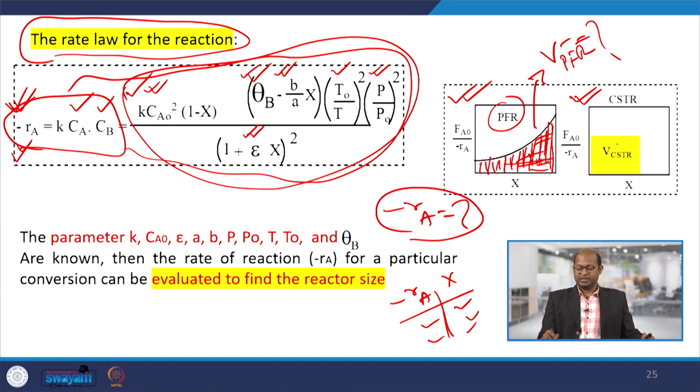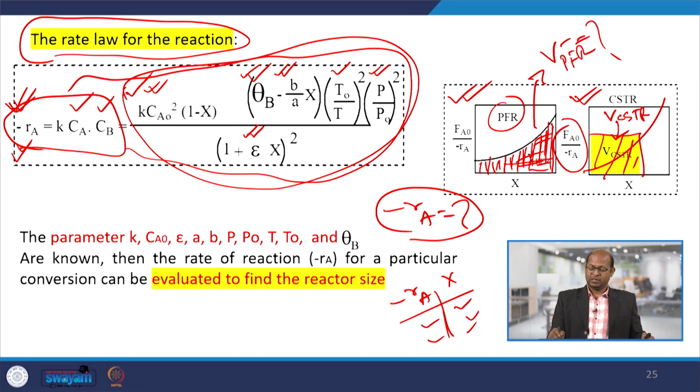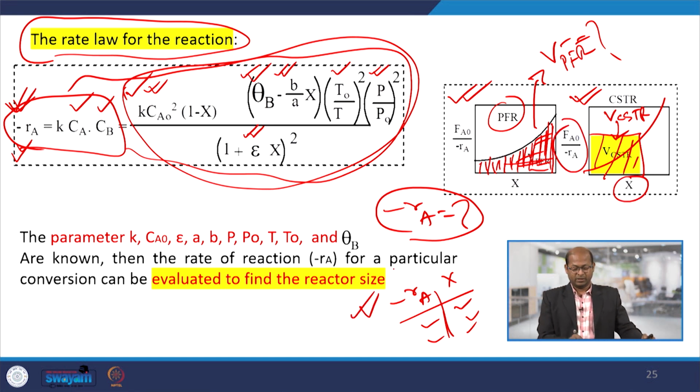Similarly, for a CSTR we can find the volume of that CSTR if we know this table of rate versus conversion. How to derive this we have discussed. I think now it is thank you.